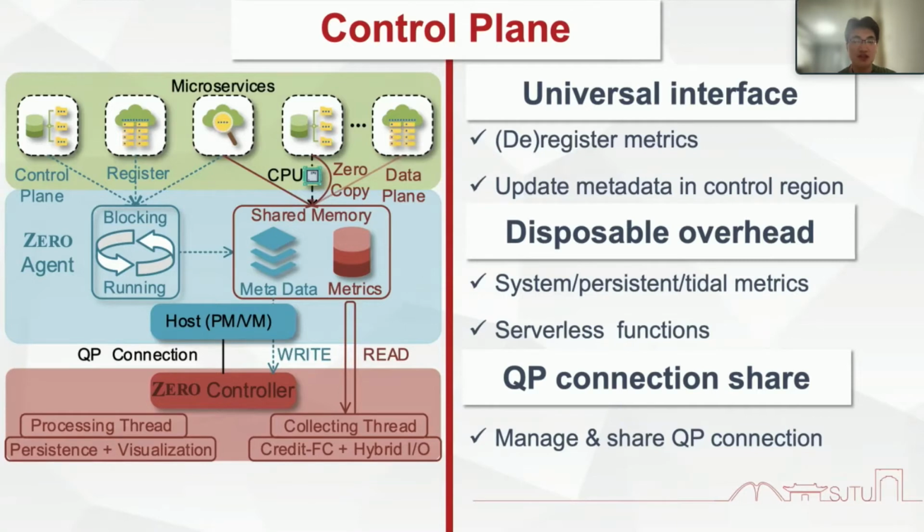Note that such registration overhead is disposable for system metrics and metrics of persistent or stable services, because those services will run for a long time after registration. For serverless computing, Zero further uses RDMA write to update metadata.